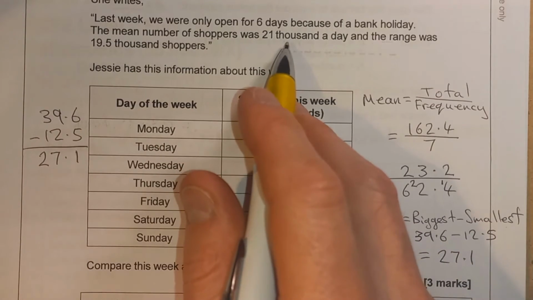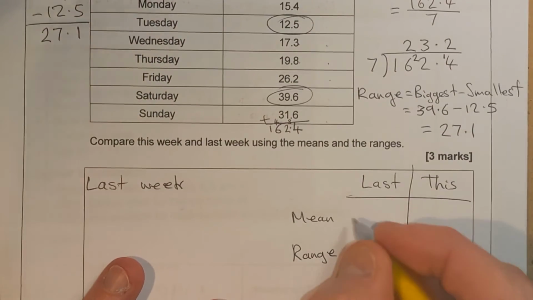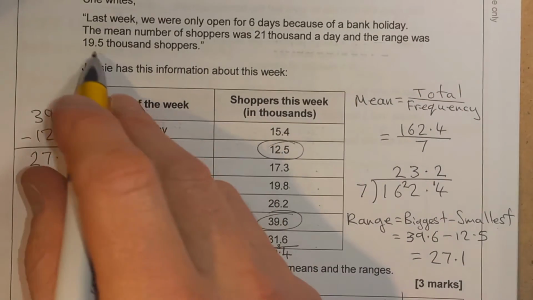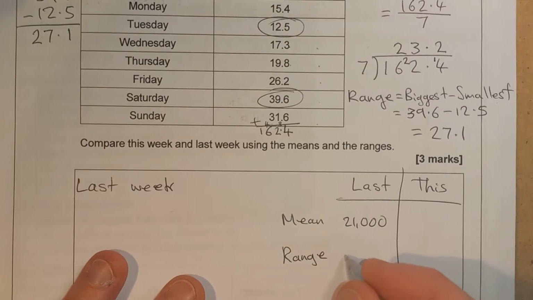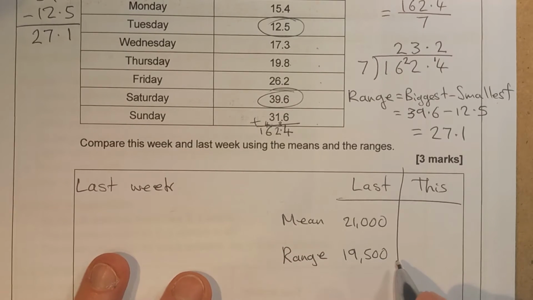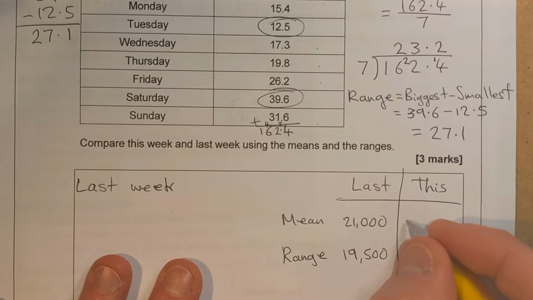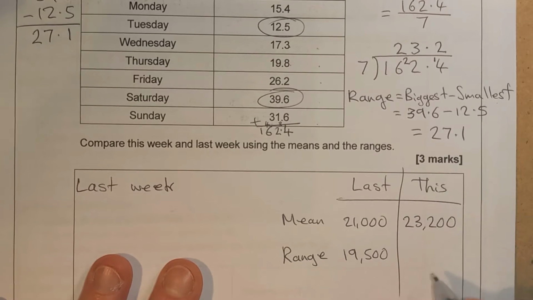Last week, the mean number of shoppers was 21,000. And the range was 19.5 thousand, so that's 19,500. And this week, we worked out that the mean was 23.2 or 23,200.